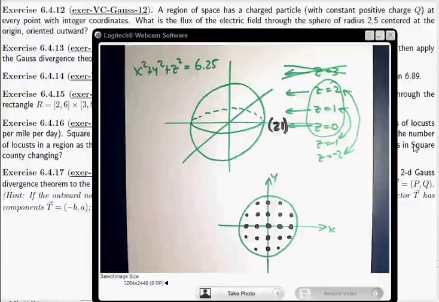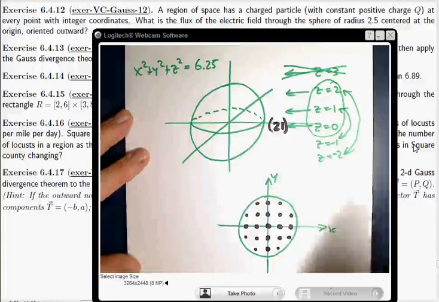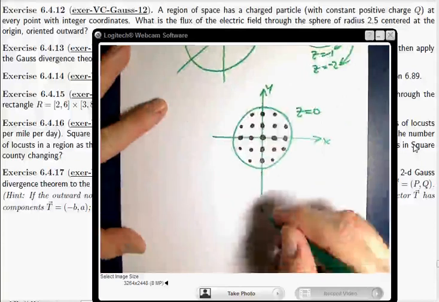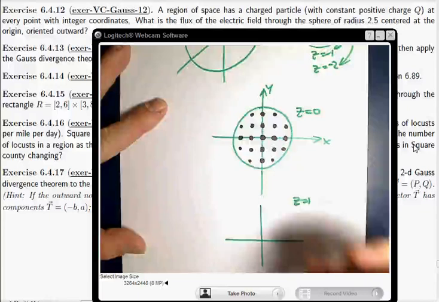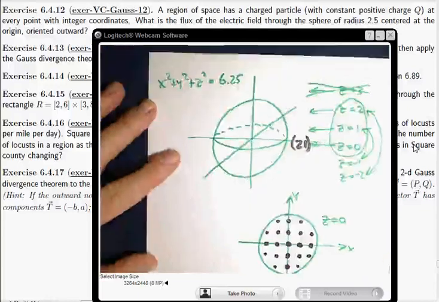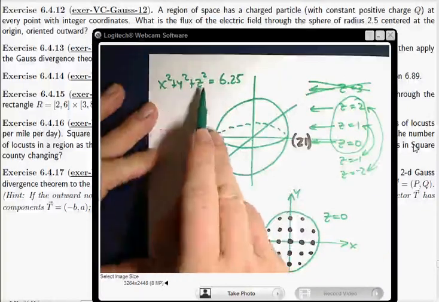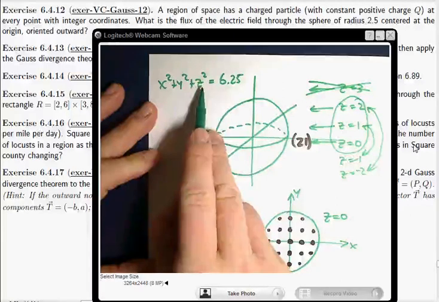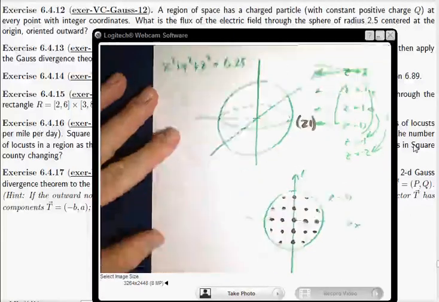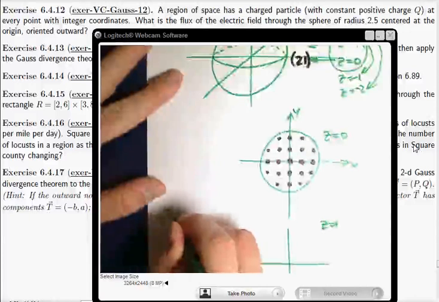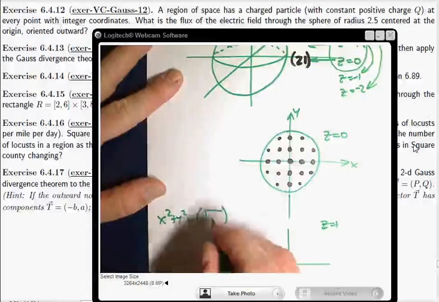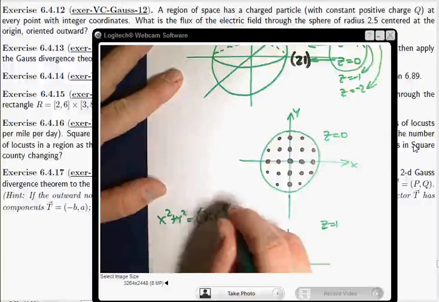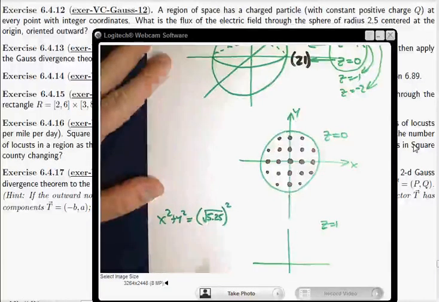Okay, now proceeding along, let's look at where z is equal to 1. Where z is equal to 1, the equation becomes x squared plus y squared equals 5.25. You have to figure out the square root of 5.25, because that's your radius.